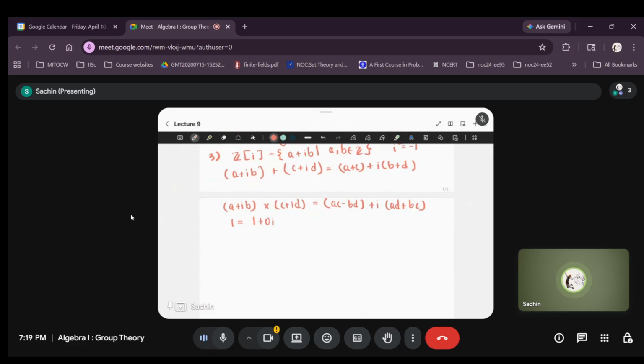In fact, the set of complex numbers is also a ring, and this is a subset of that. So similar to how a group can have a subgroup, this would be a subring. I'll define that later.